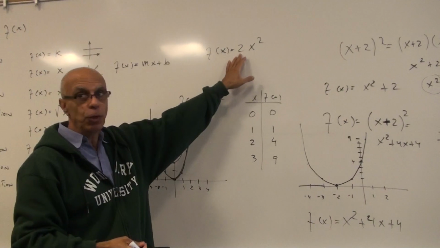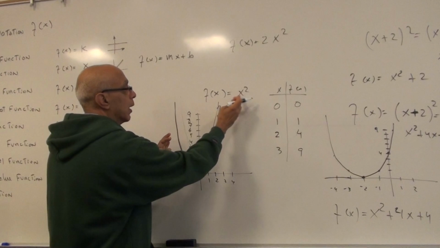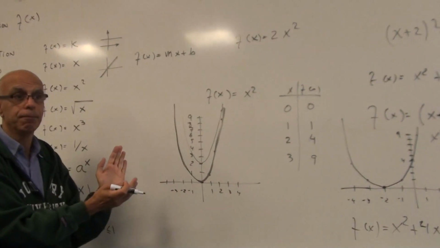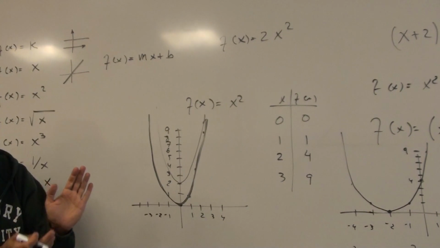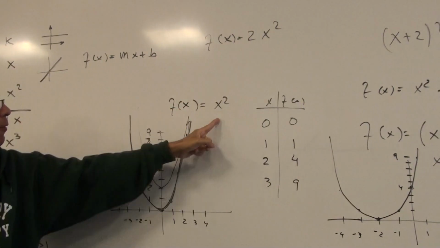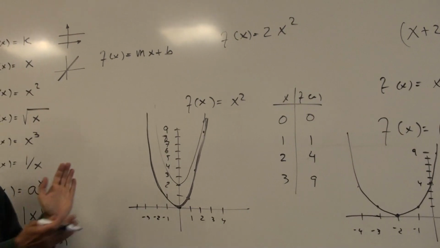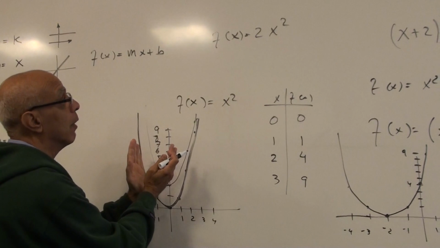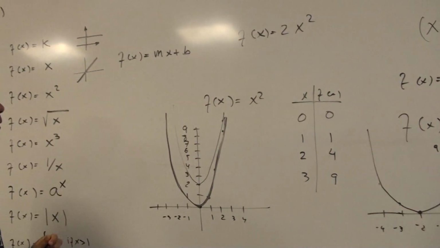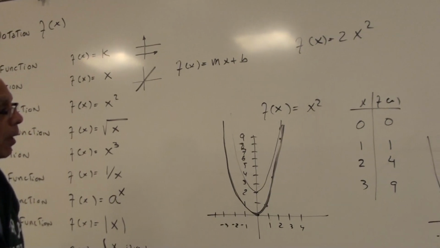If I multiply by a constant, what's going to happen to this original x squared? If I now, instead of f of x, I have 2x squared, it's going to shrink this way, right? It's going up faster, right? It's going up faster.